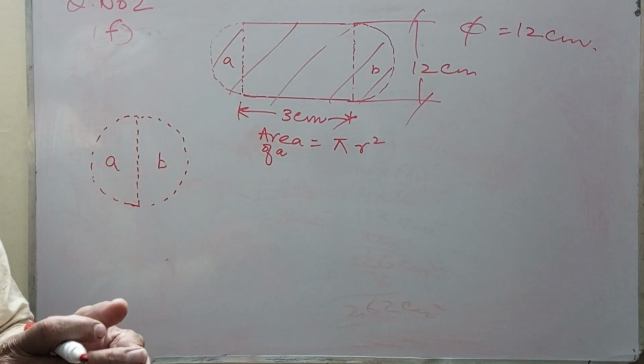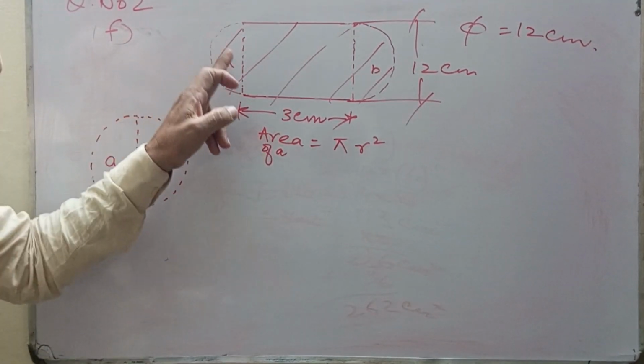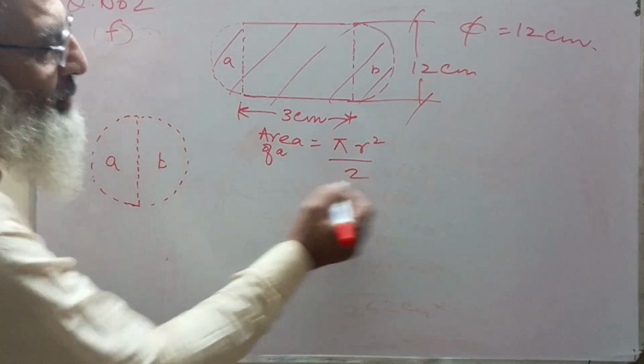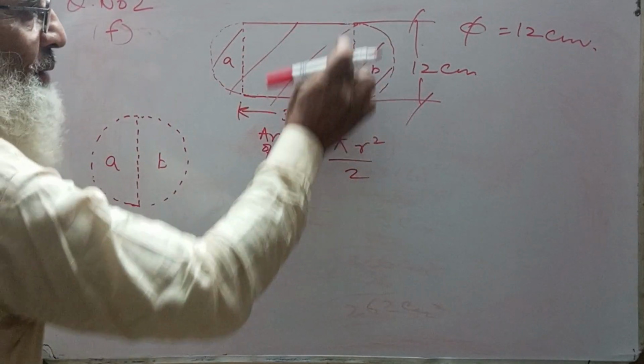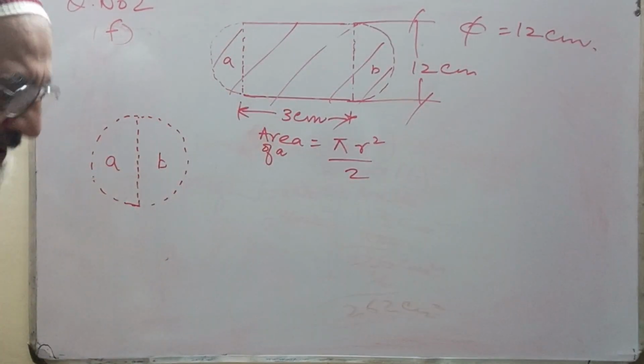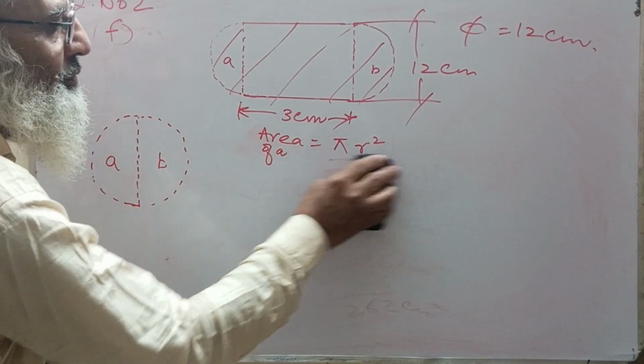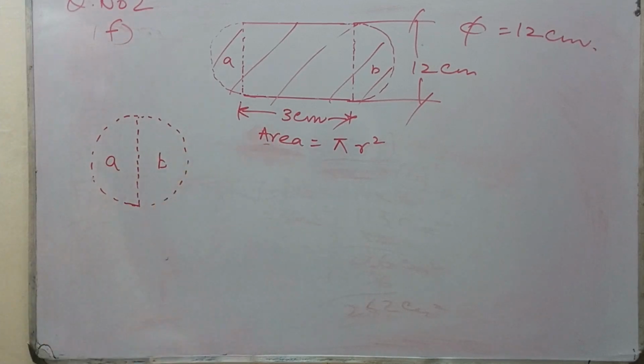If you want to find the area of a semicircle, you have to divide it by 2. Since we have two semicircles, we need not divide it by 2.